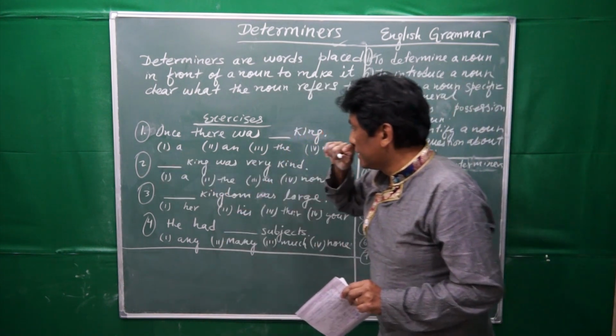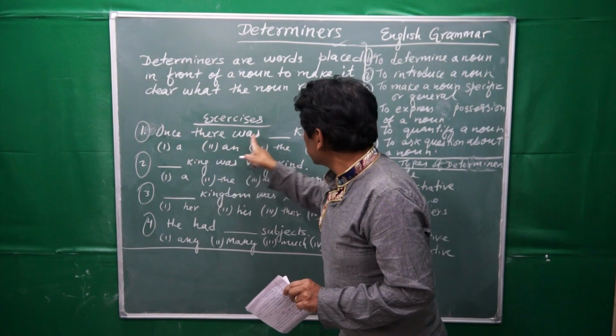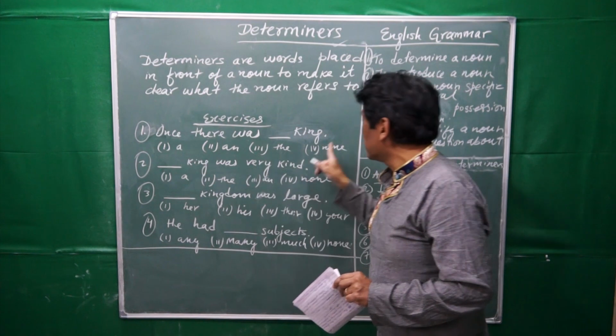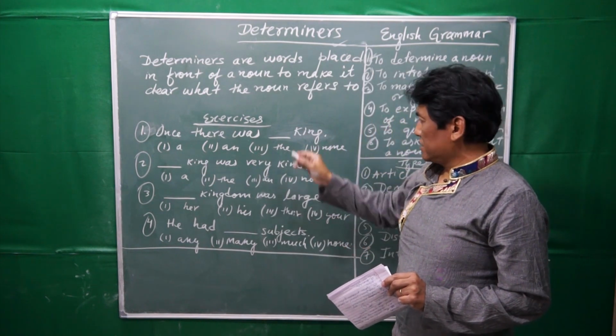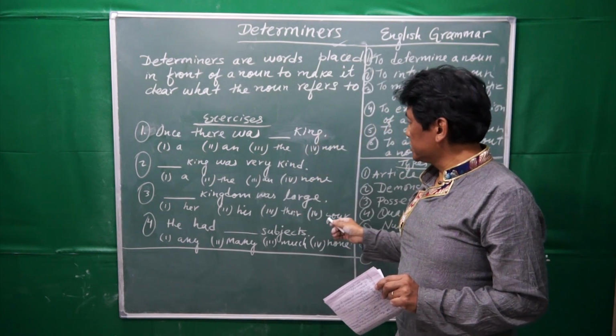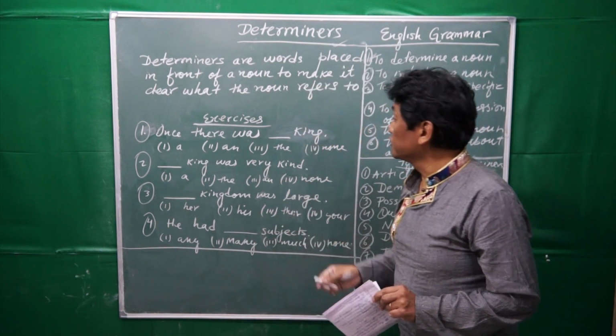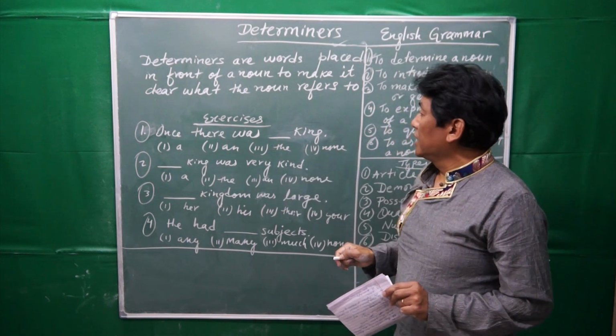Number 1. Once there was dash king, and there are four options here. These are MCQ type of questions which come in the examinations quite often, and you have to pick one from here.